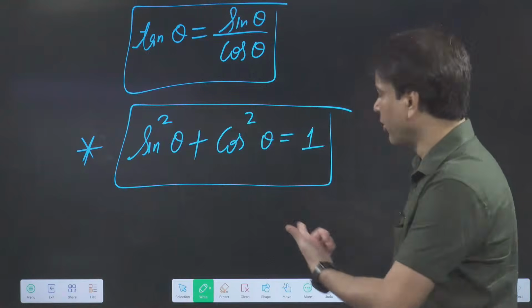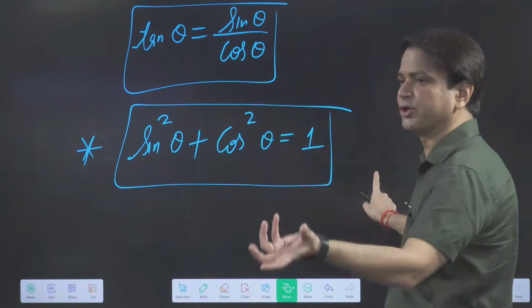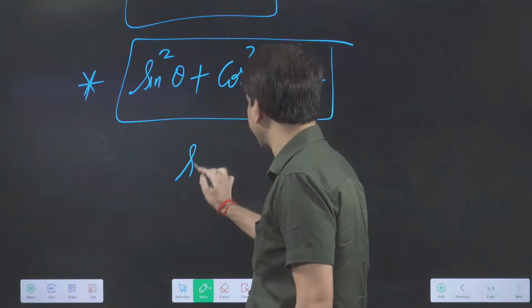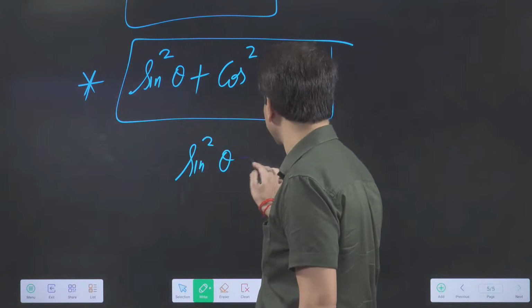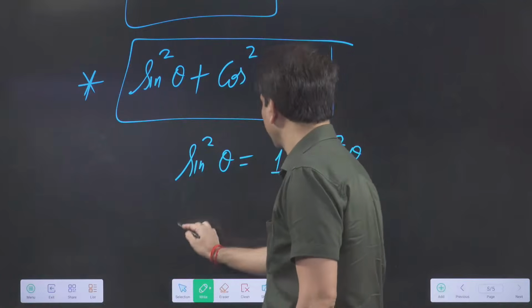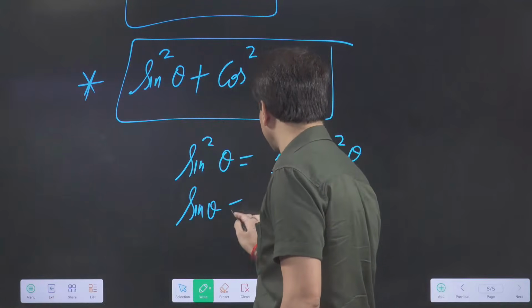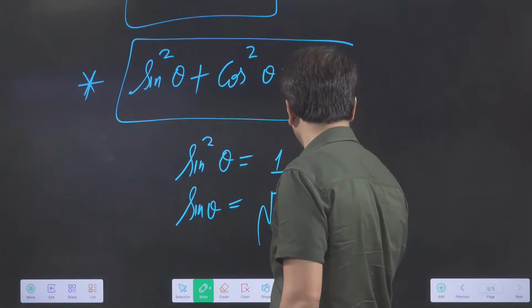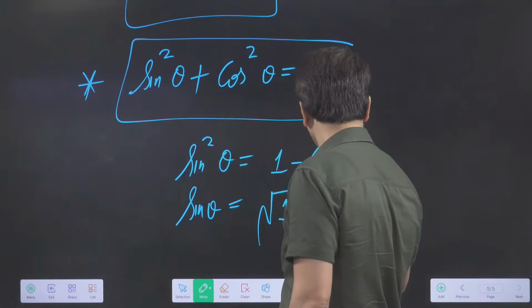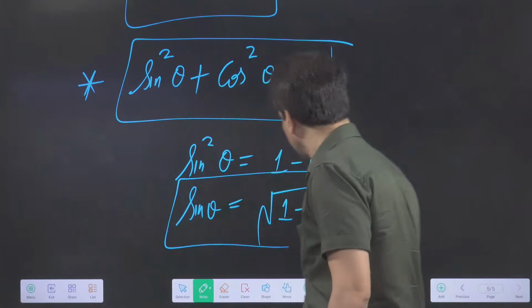Sin square theta plus cos square theta is equal to 1. We use this formula to convert sine into cos and cos into sine. Suppose I ask what is sin square theta? I can say 1 minus cos square theta. Or what is sin theta? I can say sin theta is equal to under root of 1 minus cos square theta.